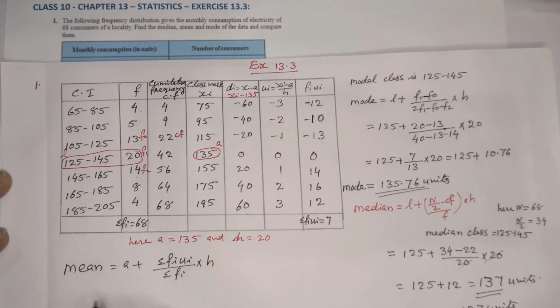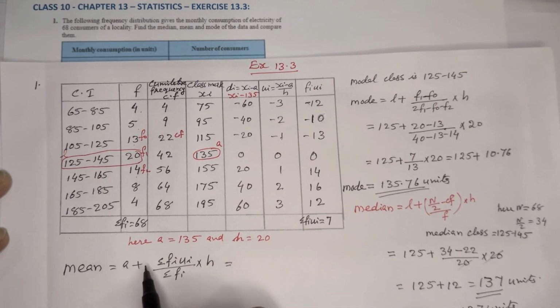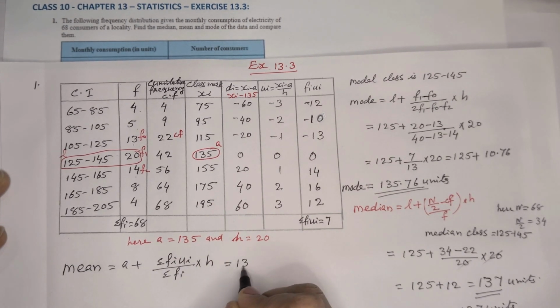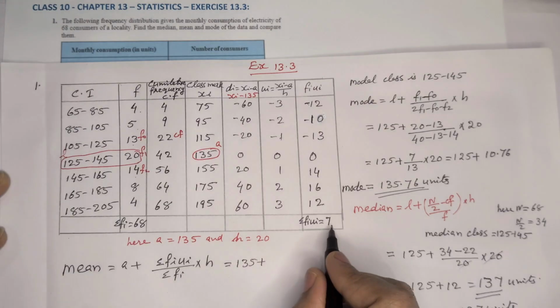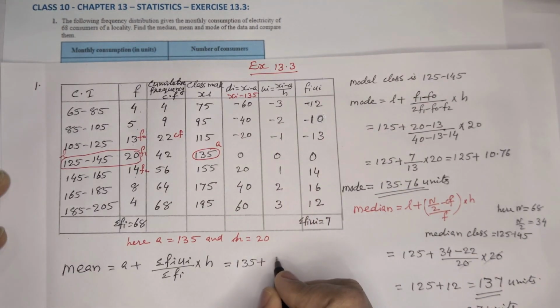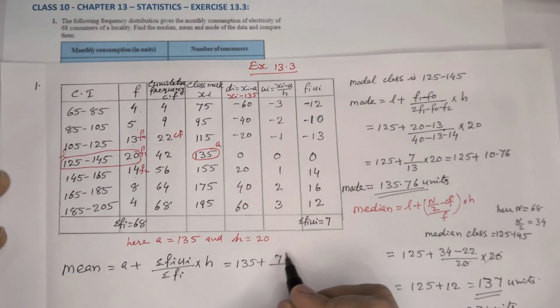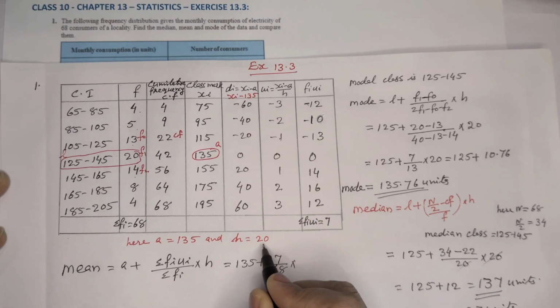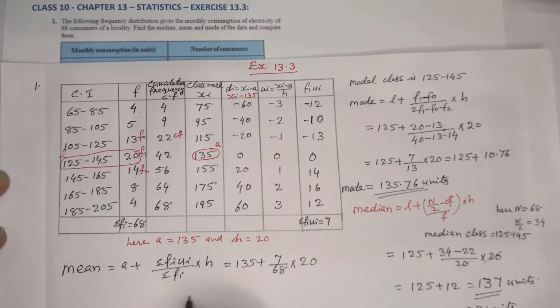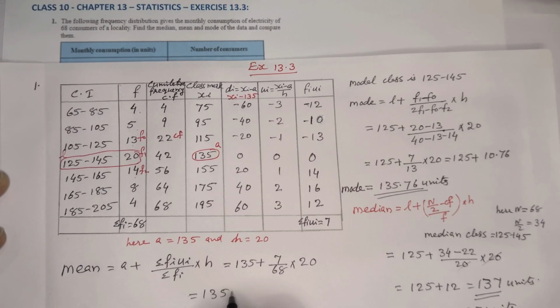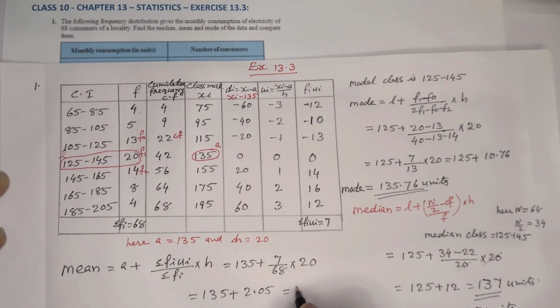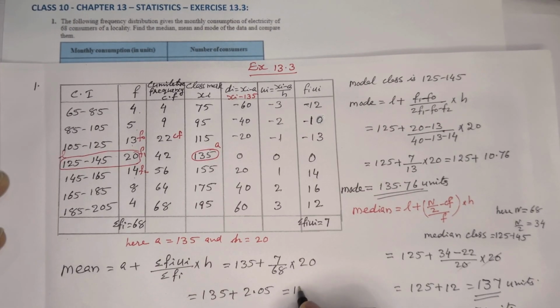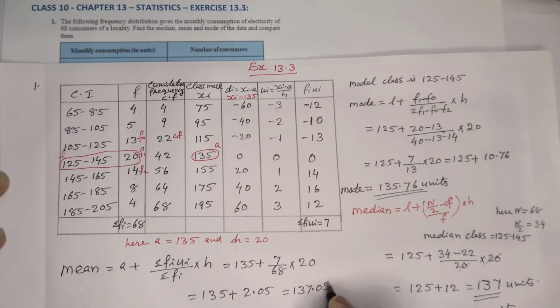Now here mean is equal to A plus sigma Fi Ui by sigma Fi into H, which is equal to, in place of A, 135 plus sigma Fi Ui we got from here, that is 7. Sigma Fi is 68. H is 20, which is equal to 135 plus 2.05, which is equal to 137.05 units.